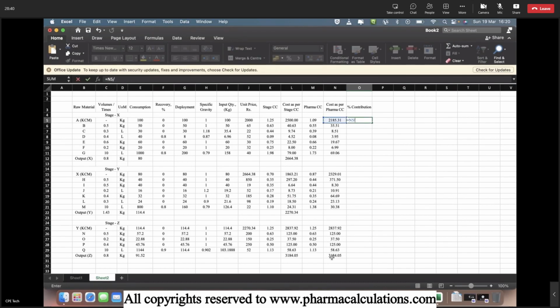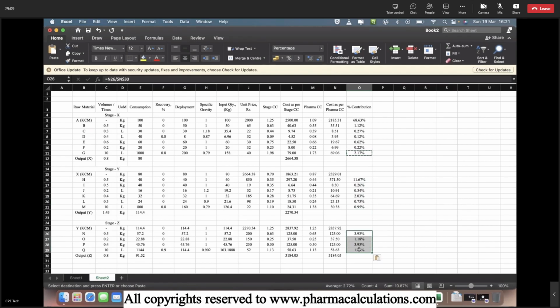This divided by this pharma CC, and let's try to convert this into percentages, and let's apply dollar for this total pharmaceutical cost. Okay, and similarly the formula is applicable to these things, and similarly here. And now let's try to add up these total things.